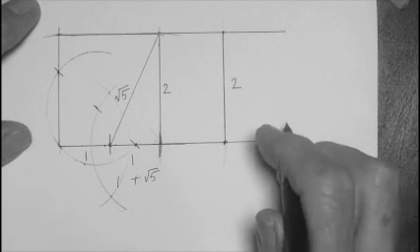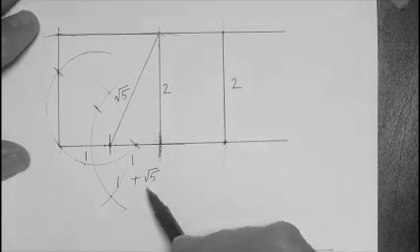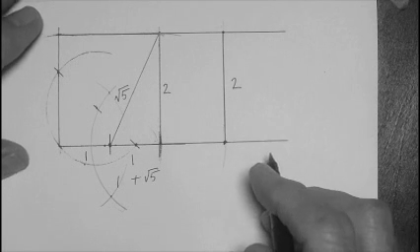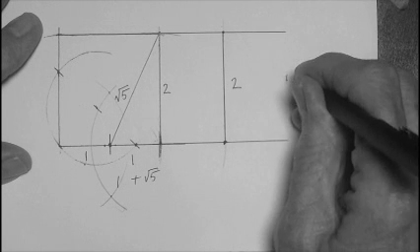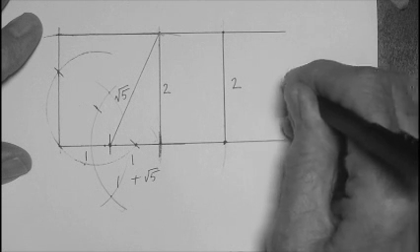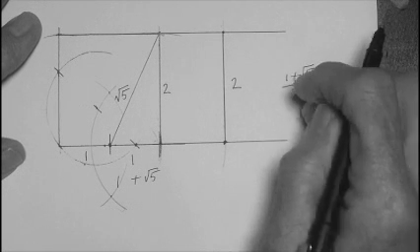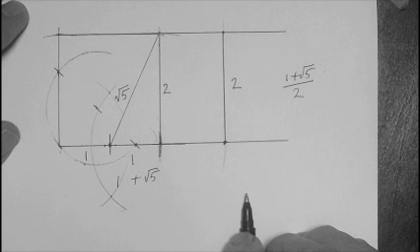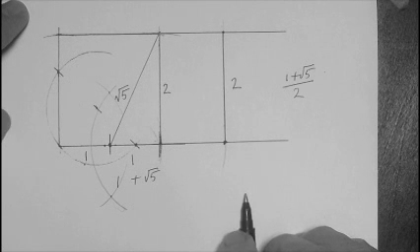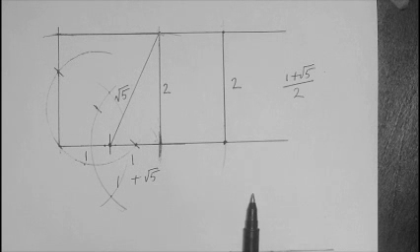Well, if I were to take and make a ratio of my long side to my short side, that would be 1 plus the square root of 5 to 2. How's that? Isn't that amazing? I wonder what's amazing about it. Well, let's see what we can do with this thing.